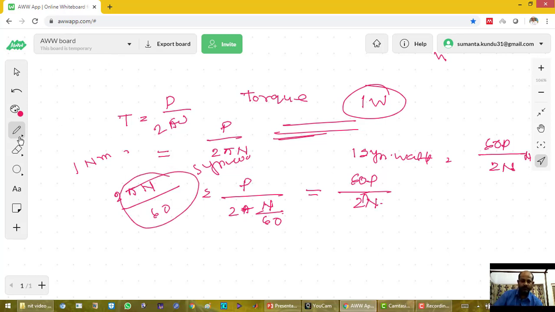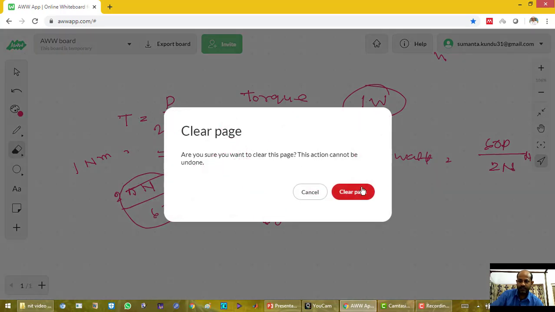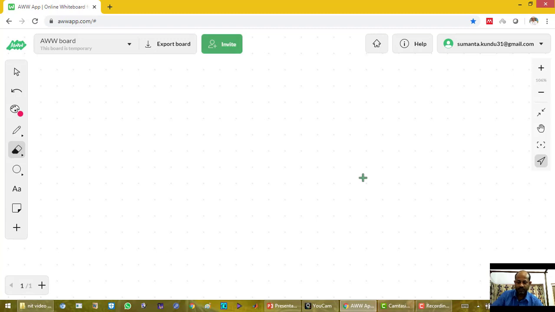So what I have deduced just a few minutes back, that TF equals k into I2 square R2 by S, right?